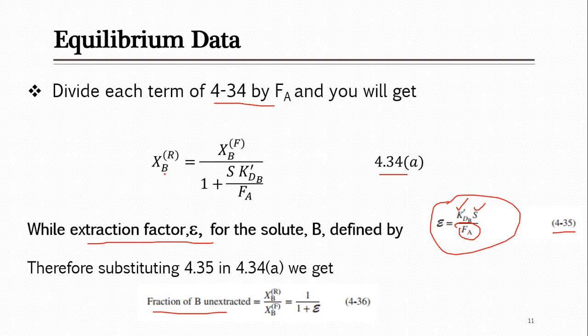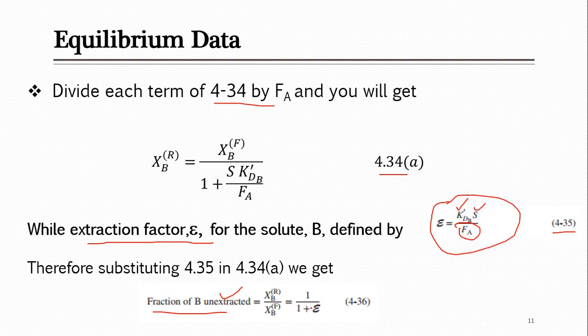So XBR over XBF will be equal to 1 over 1 plus epsilon. Otherwise you can also write it as the fraction of B extracted. This is the fraction of B unextracted. If I write the fraction of B extracted, I will just reverse this equation. So it will be XBF over XBR is equal to 1 plus epsilon. So the fraction of B extracted is overall 1 plus epsilon.